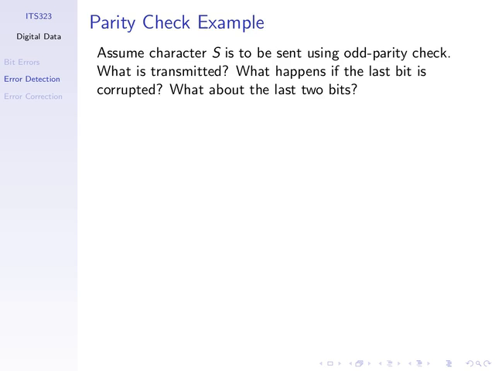Try it yourself, where the last 2 bits are in error. Quickly try what happens. We've got the transmitted frame and the last 2 bits are different from what were transmitted. What does the receiver do?